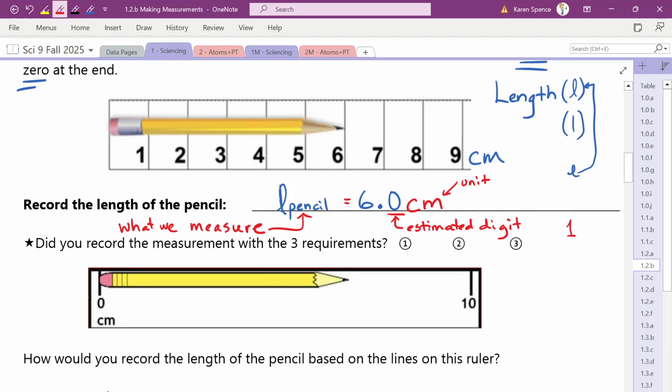Okay, if you forget the pencil part, you get a half a mark. You will get 1 mark for getting the number correct. So if you get a 6, you'll be like, yay, you didn't choose 5. Okay, so you get 1 mark for that. And if you get that estimated digit correct in the 10th position, that one decimal place, you will get 1 mark for that. And you will get 1 mark for the unit. So this question would be out of 4. Okay, so 4 marks for that one little question there.